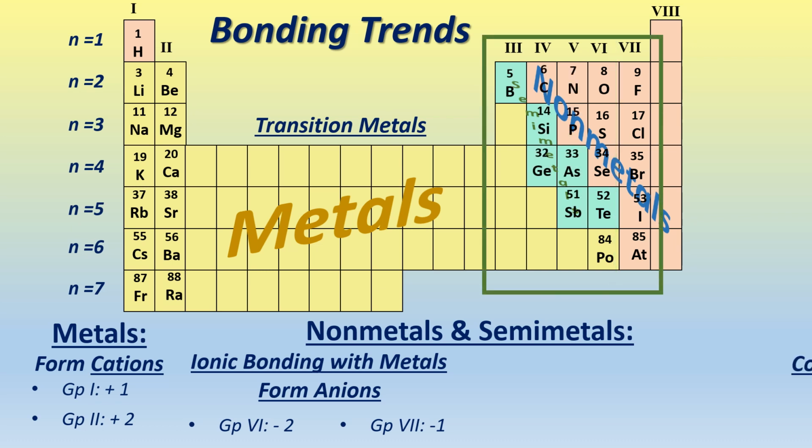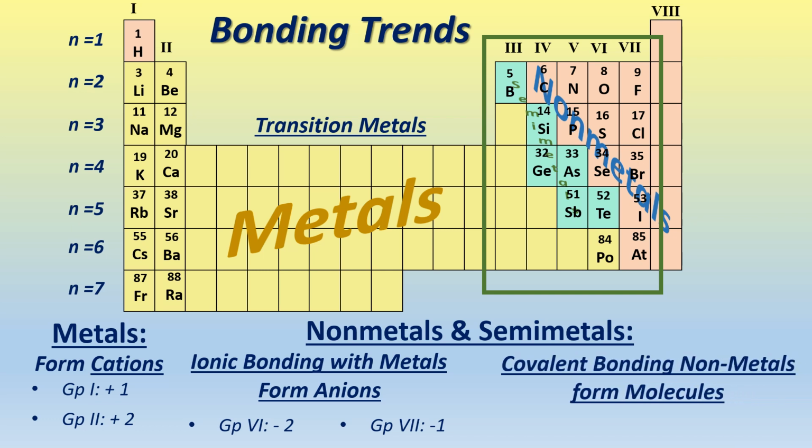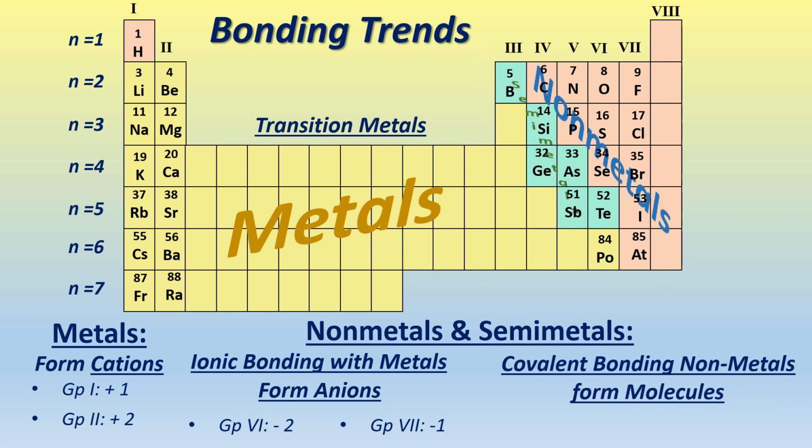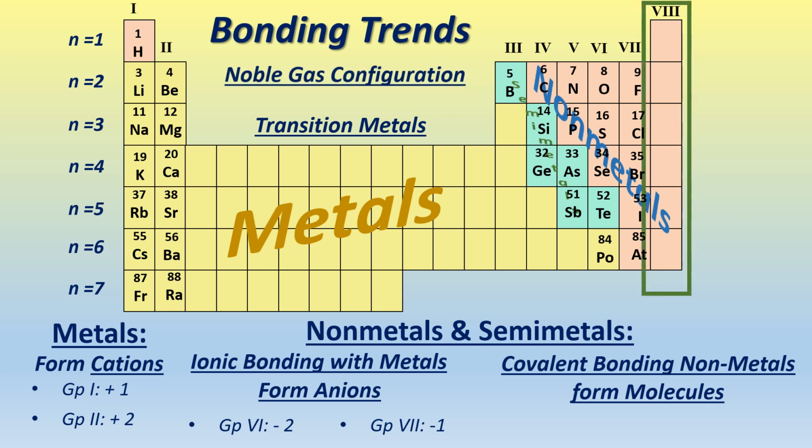Once one is bonding within the nonmetals and the semimetals, you will now have covalent bonding to form molecules. Either way, through ionic or covalent bonding, the entire point is to achieve a noble gas configuration.